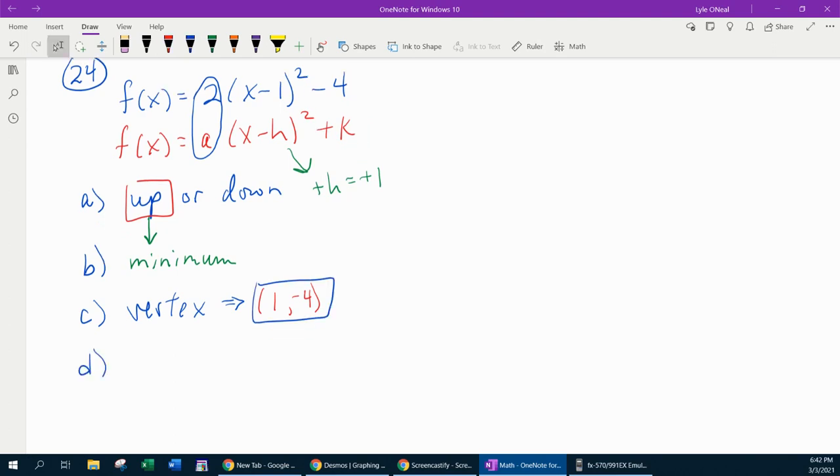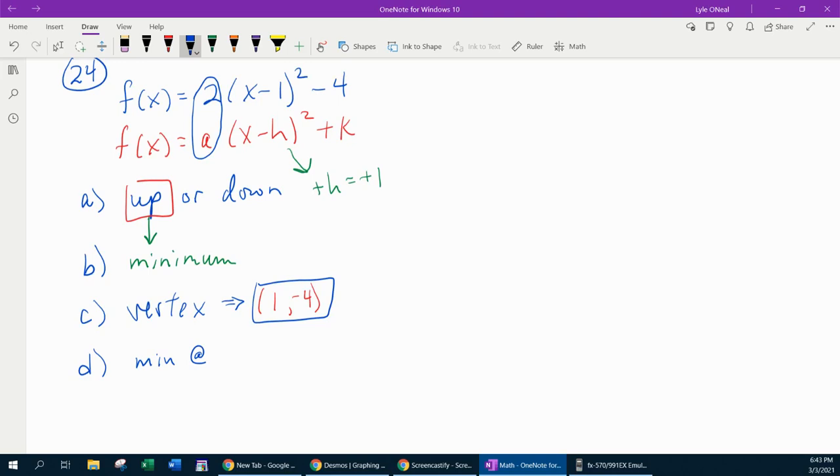Part D, we're going to determine where the minimum occurs at and what it is. Those are two different questions. So the minimum occurs at the x coordinate of the vertex.